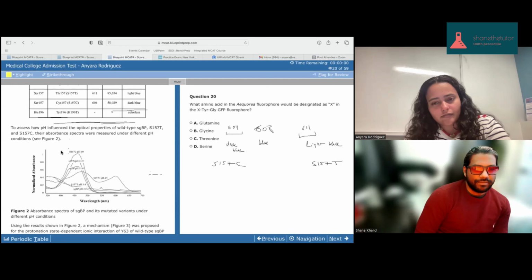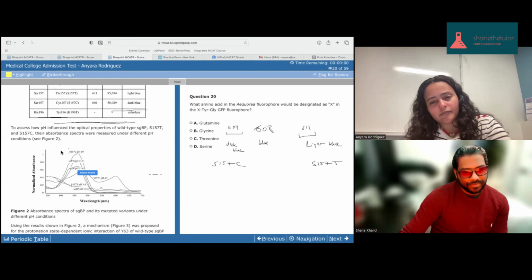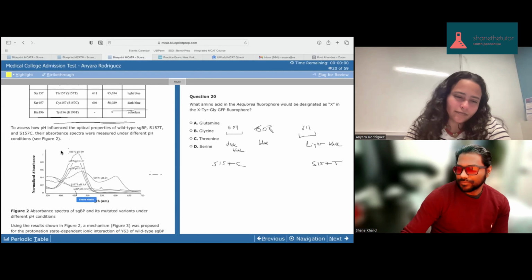And when the pH is lower than 7, like 3.4 and 3.5, the wavelength of maximum absorption changes, because the normalized absorption is no longer maximum at this wavelength.